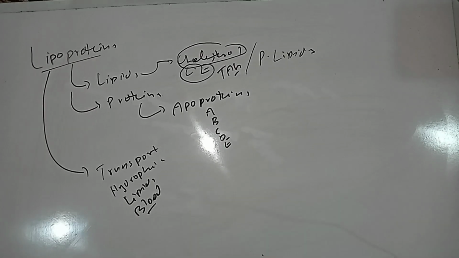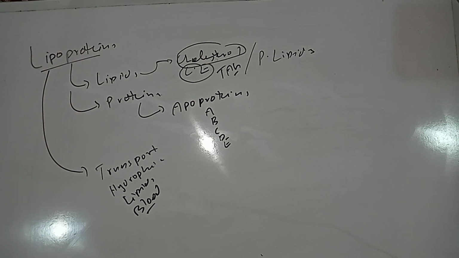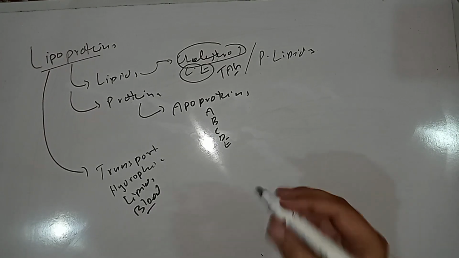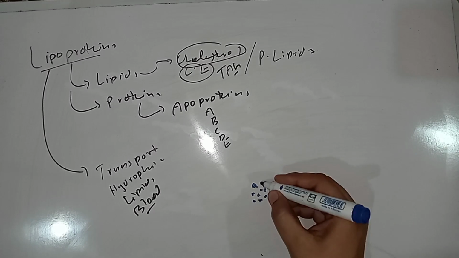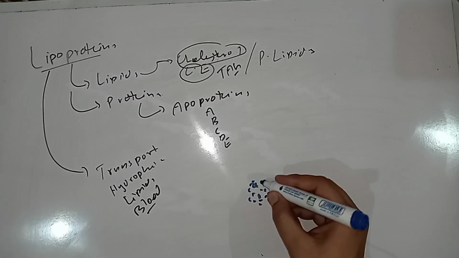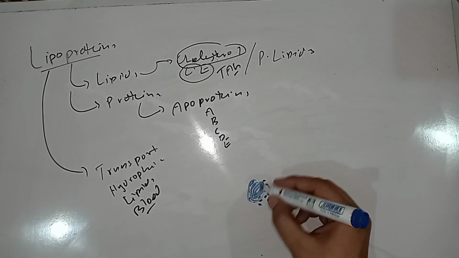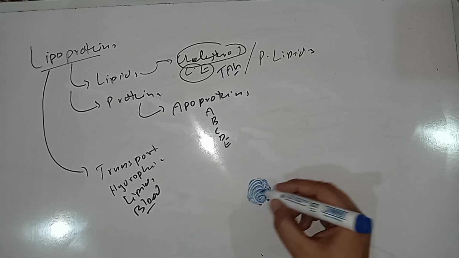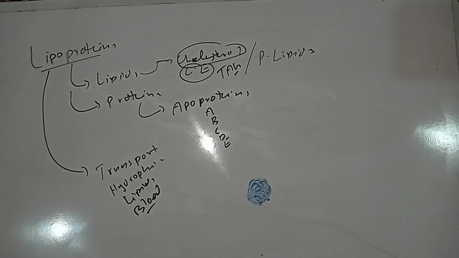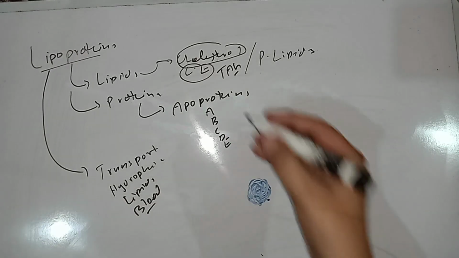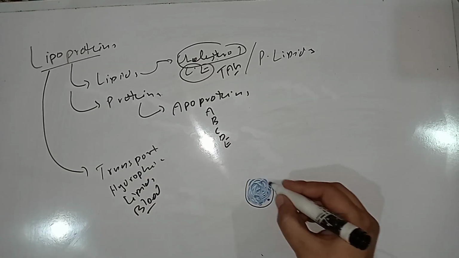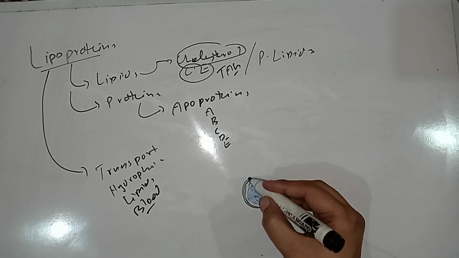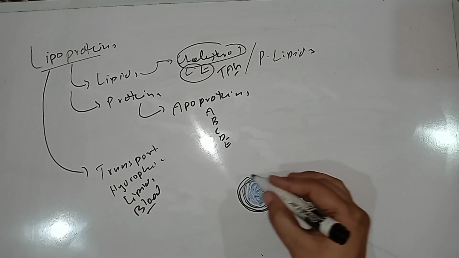How do they make them soluble? If we look at a lipoprotein, the core of the lipoprotein particle is made by cholesterol, cholesterol ester and triacylglycerol content. Then come the amphipathic apoproteins and phospholipids, which surround this core.